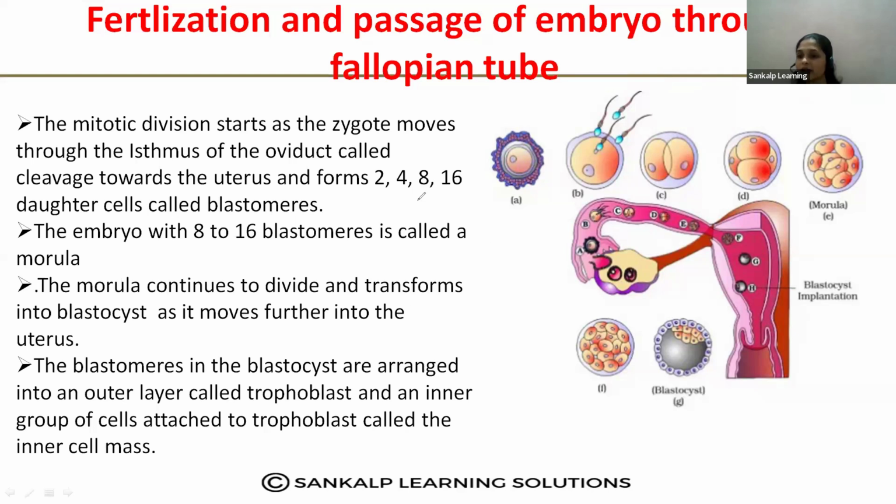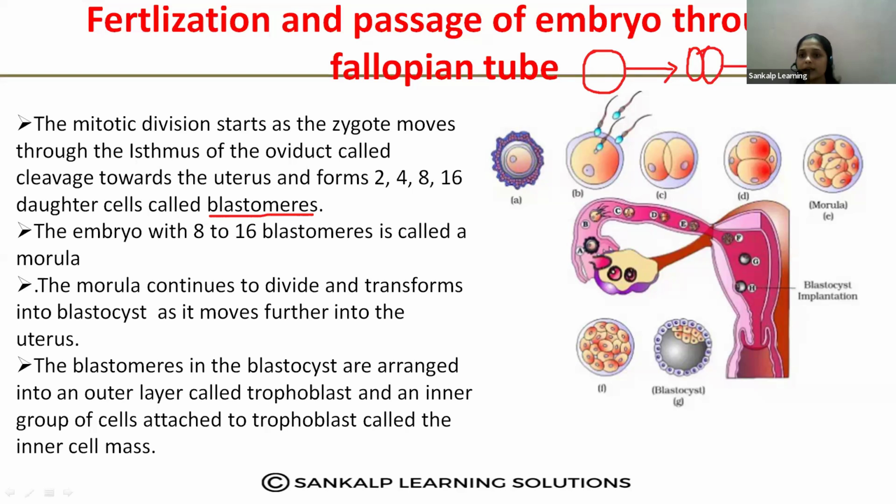Then it is not called a zygote at all, it is called a blastomere. It is also called the cleavage of the zygote. Cleavage means the cells of the zygote keep on dividing. Just imagine this is the zygote that will divide, it will undergo the mitotic division and form the 2 cells.